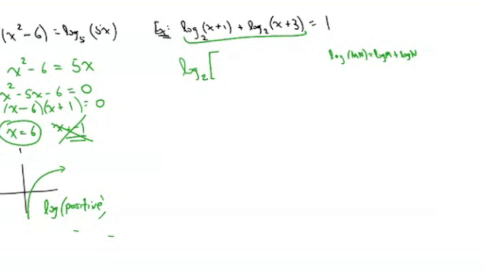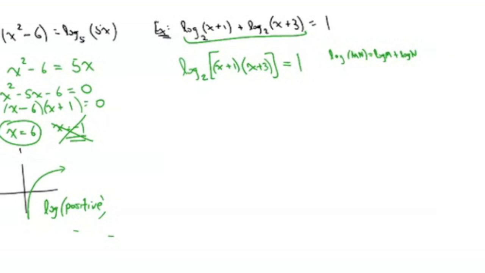The first one times the second one. What's the first one? x plus 1. What's the second one? x plus 3. And this whole thing is equal to 1. That's forcing the things to come together under a law of logarithms.